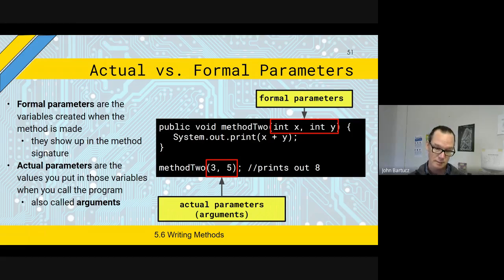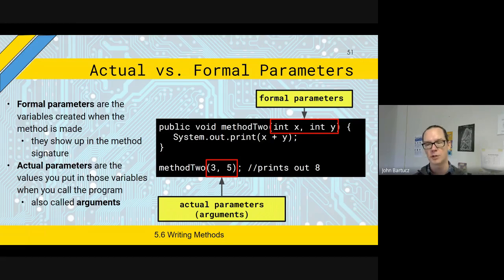An argument or an actual parameter are the values that you send in when you're using the method. So the formal parameters are what are in your definition, in your blueprint, in your class. And then an argument is something that you actually use in your method.